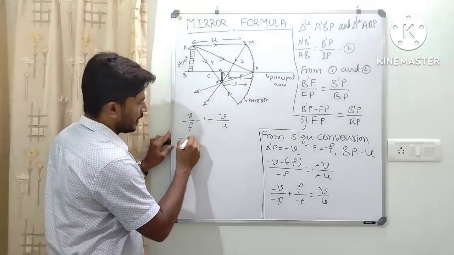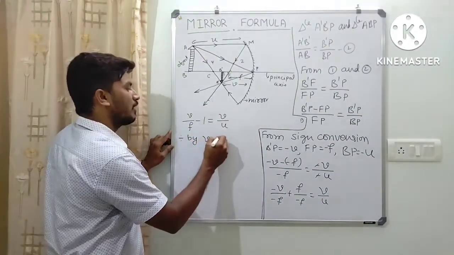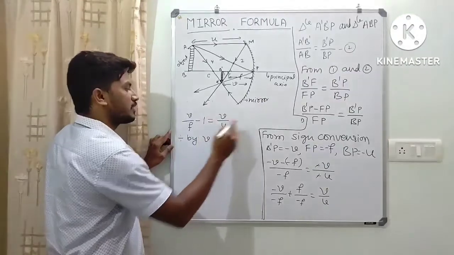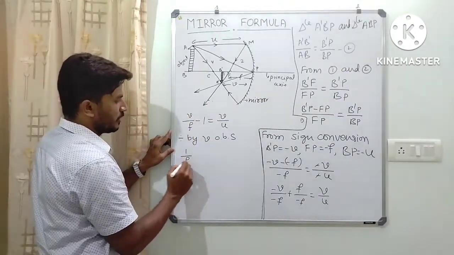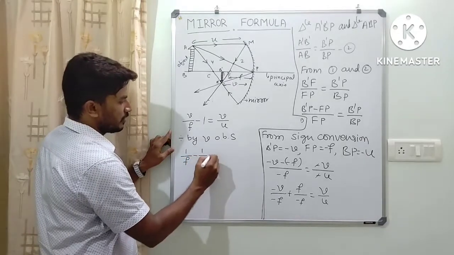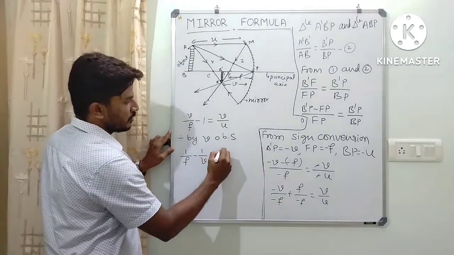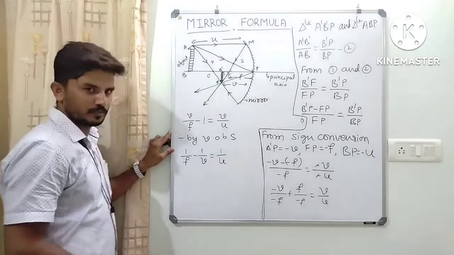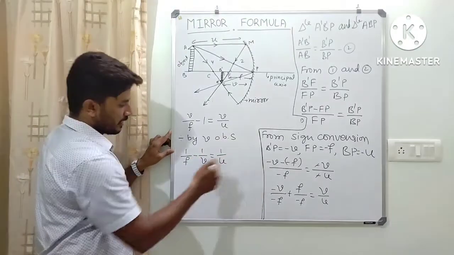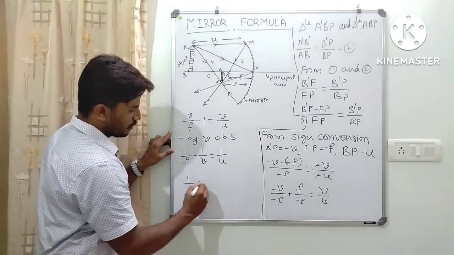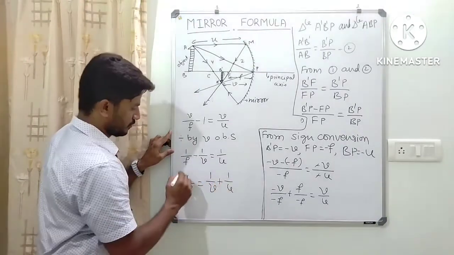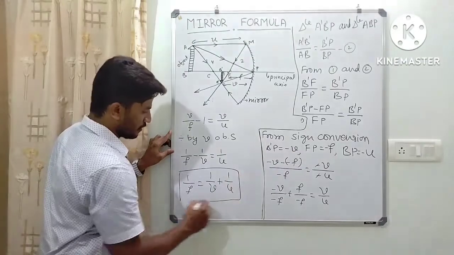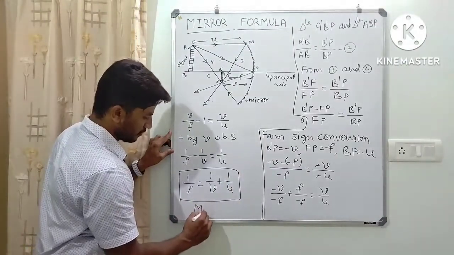V divided by V is 1, so we get minus 1 by V is equal to 1 by U. I will take this V to this side. So 1 by F is equal to 1 by V plus 1 by U. This equation is called the mirror equation.